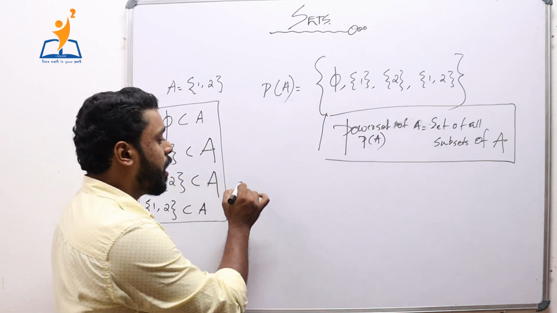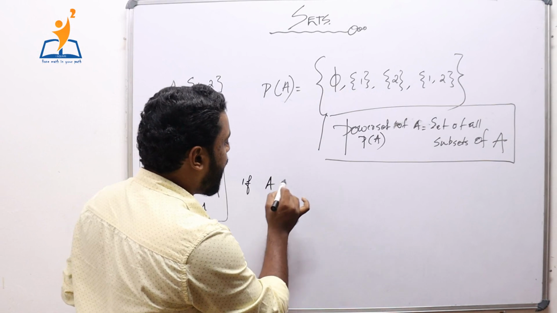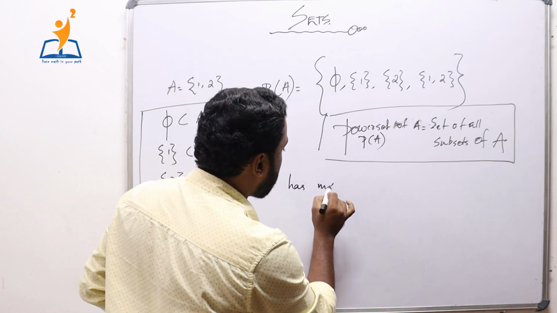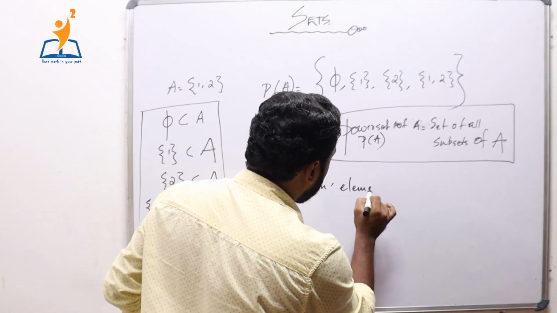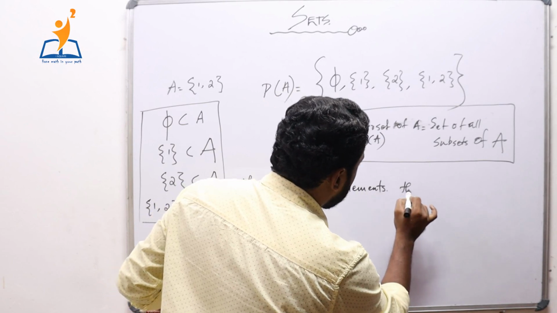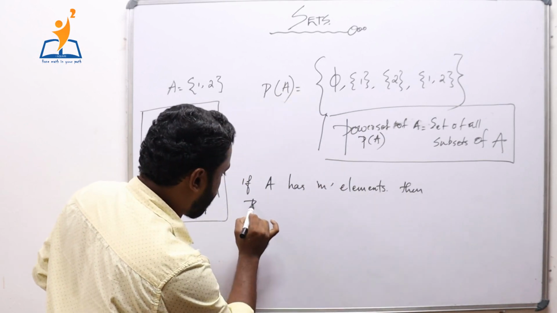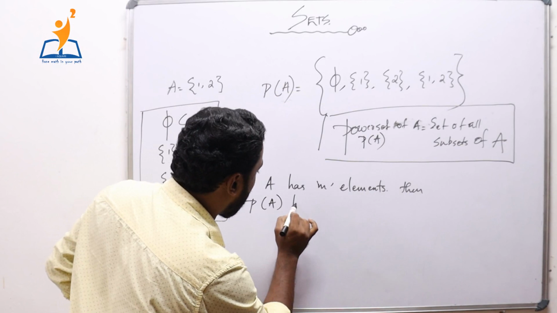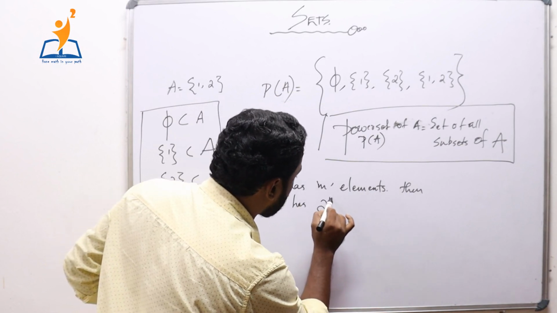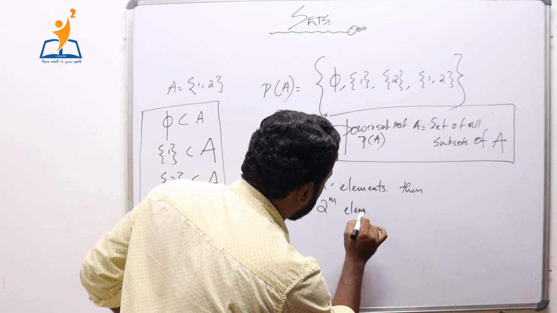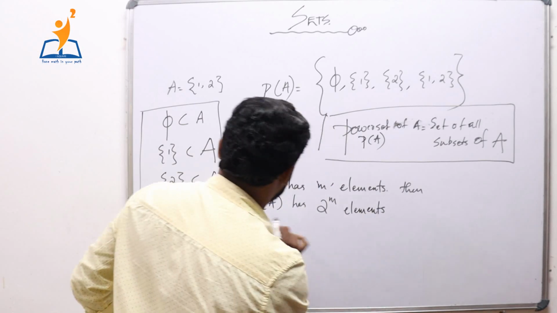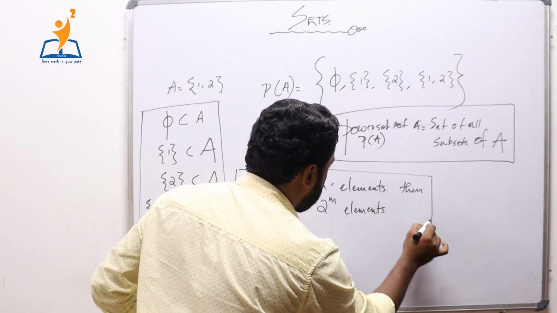In general, if A has m elements, then power set of A, P of A, has 2 raised to m elements. Very important result. Never ever forget this result.